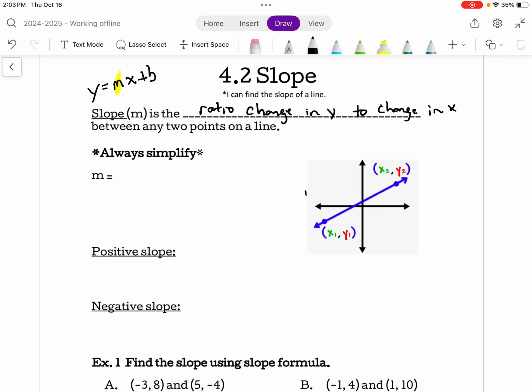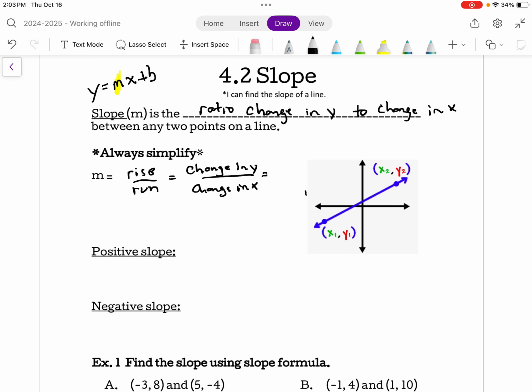So the first way that we can consider slope is just looking at m and that being equal to the rise over the run. And we'll get into this a little bit more specifically in a minute. We can also look at slope as the definition says, the change in y divided by the change in x.